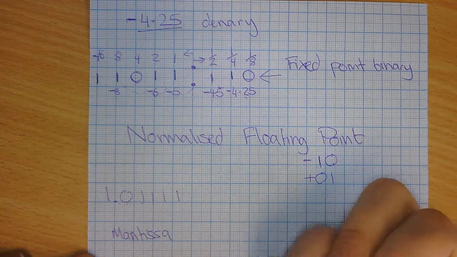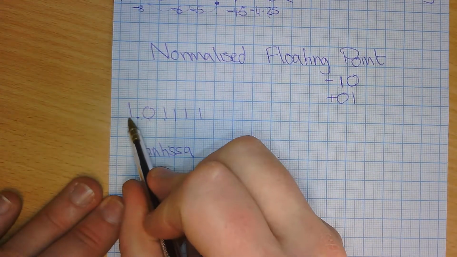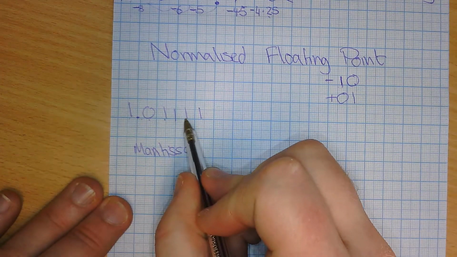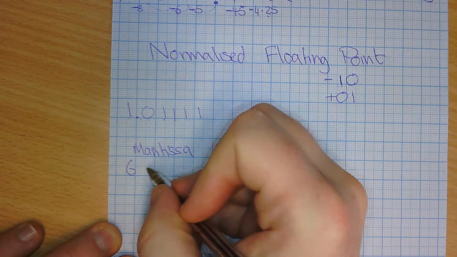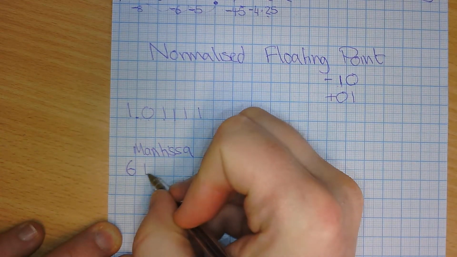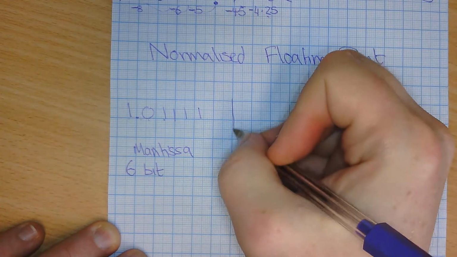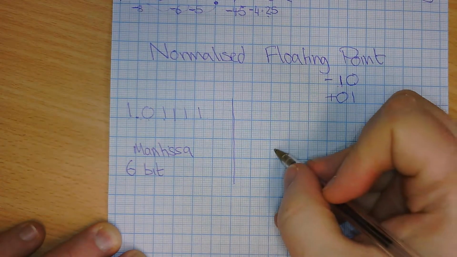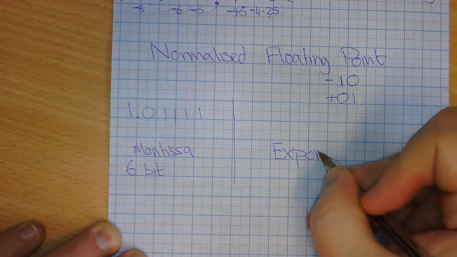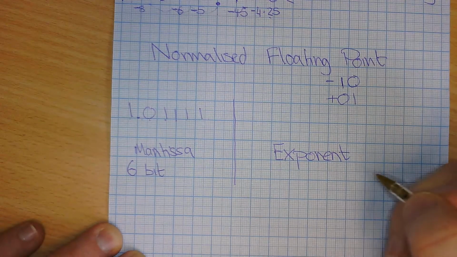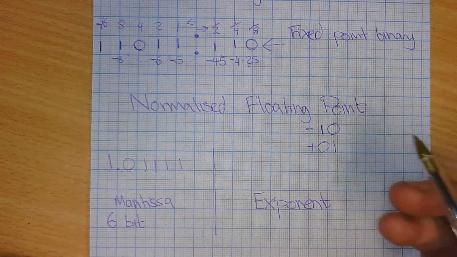It contains my actual numerical value itself. I can say that I have got a 1, 2, 3, 4, 5, 6-bit mantissa. Now, in order to get back to the original number, I also will need to have an exponent, so I can return the binary point to recreate the original number again.